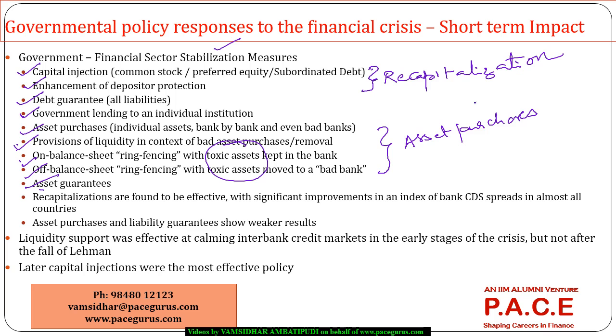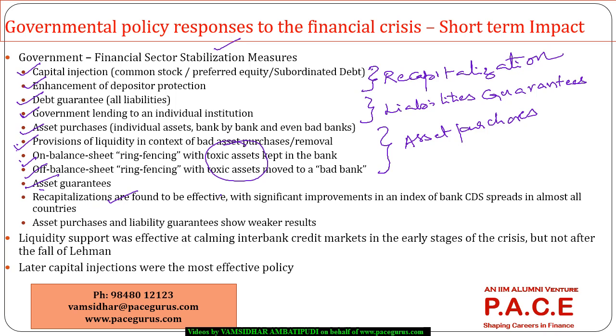And you could also see liability guarantees. So these are the three broad headers under which the government has provided stabilization measures.